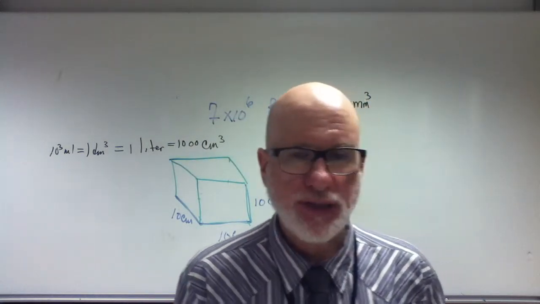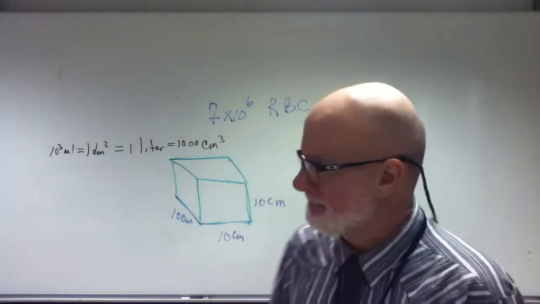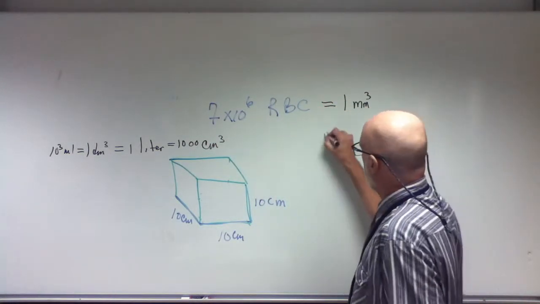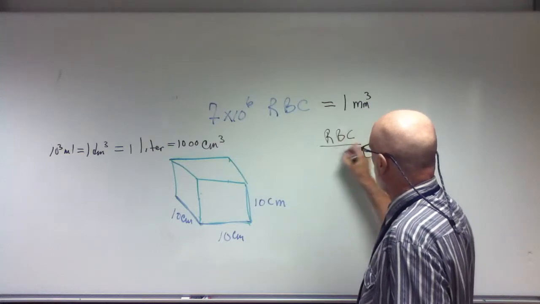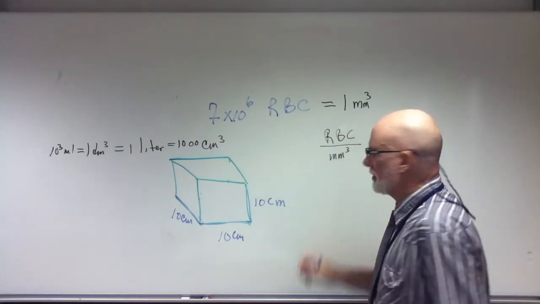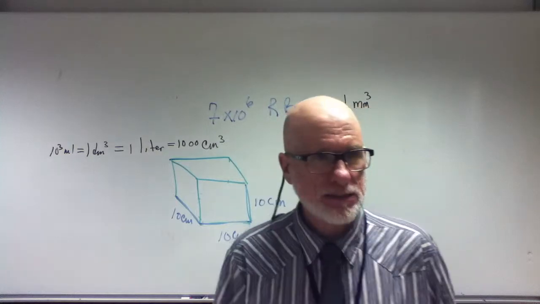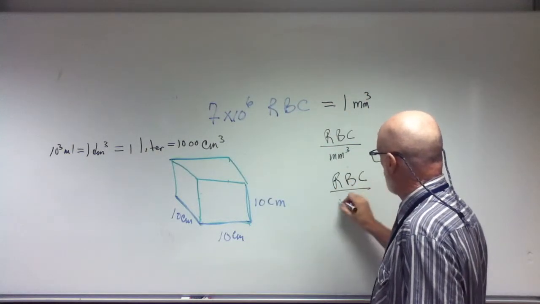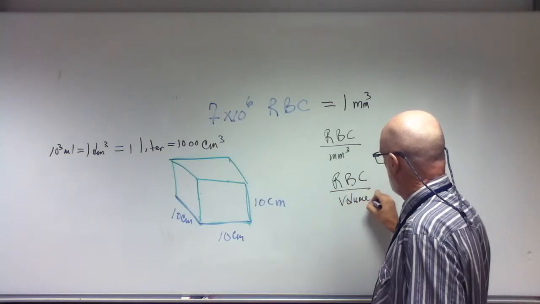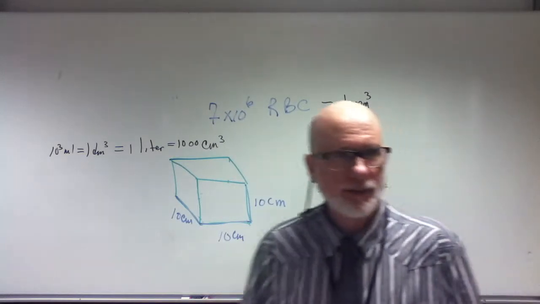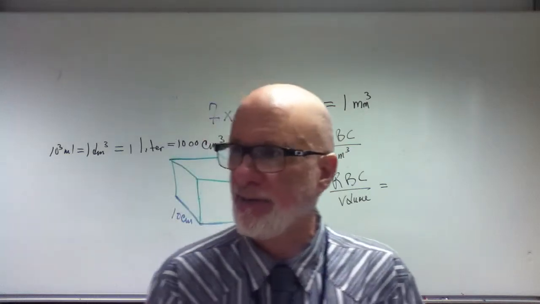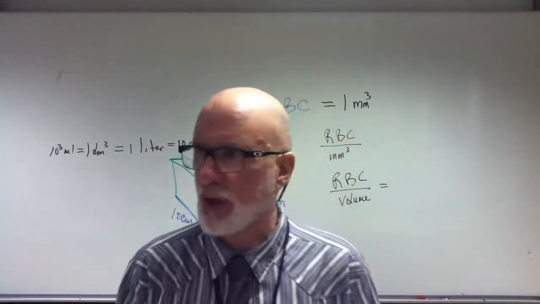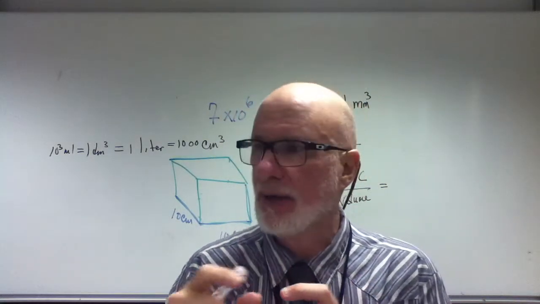Let's do a quick conversion. I have red blood cells per cubic millimeter, right? Or I say red blood cells per volume. Isn't that correct? Because it says I have 7 million red blood cells per cubic millimeter, which is a volume.